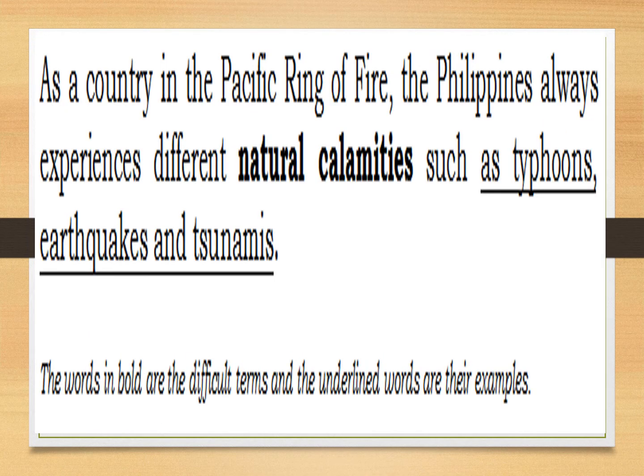Another example: as a country in the Pacific Ring of Fire, the Philippines always experiences different natural calamities such as typhoons, earthquakes, and tsunamis. The words in bold are the difficult terms, and the underlined words are their examples.